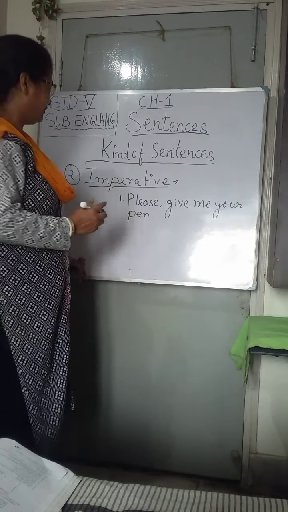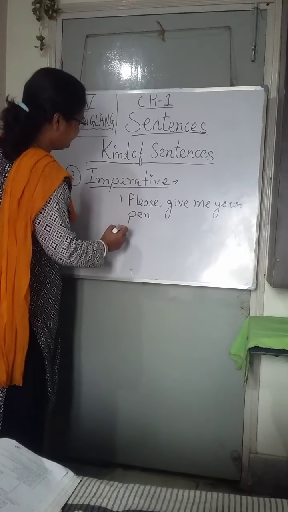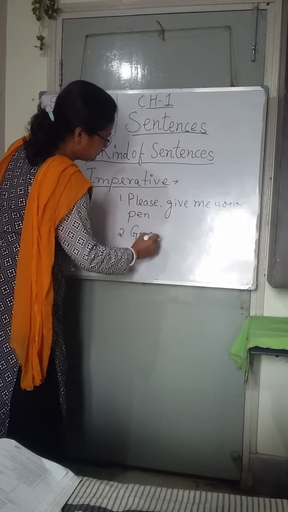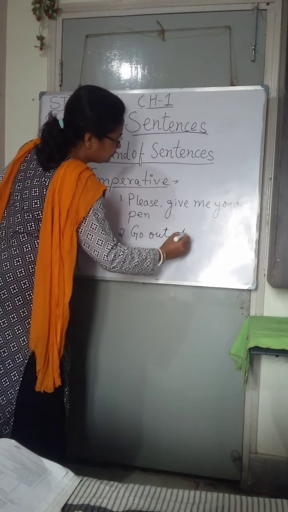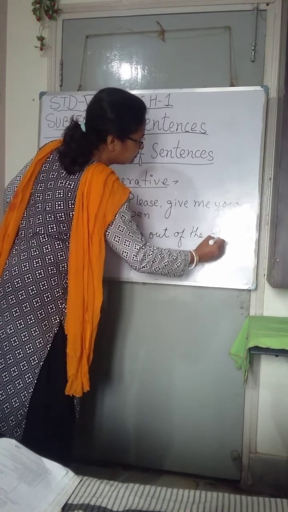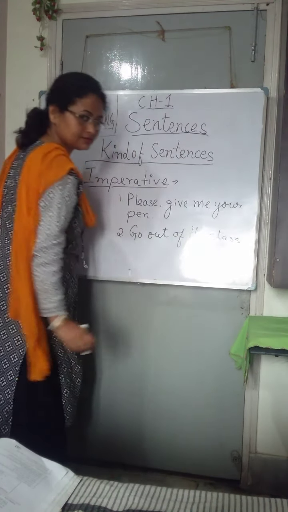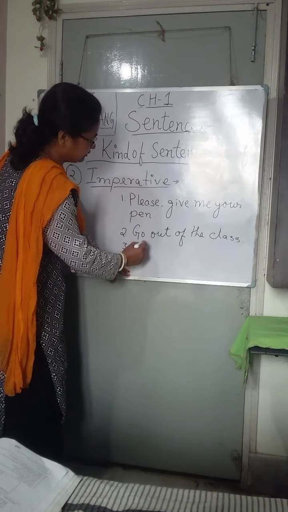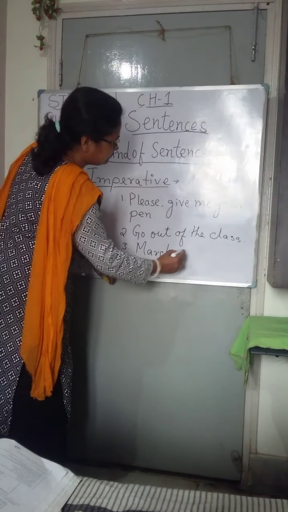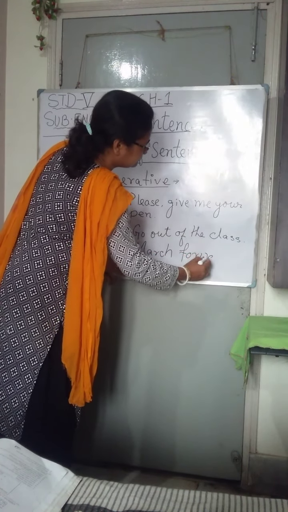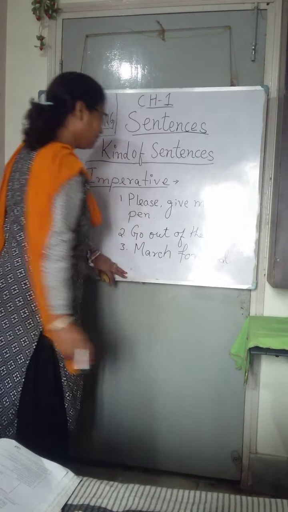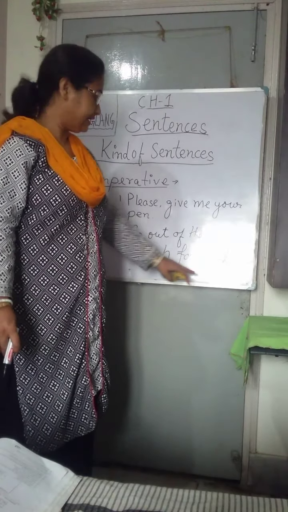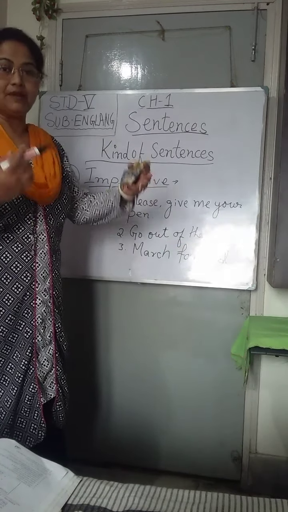One more example: go out of the class. Or number 3, march forward. Here I am requesting, here I am commanding. March forward means I am commanding you.